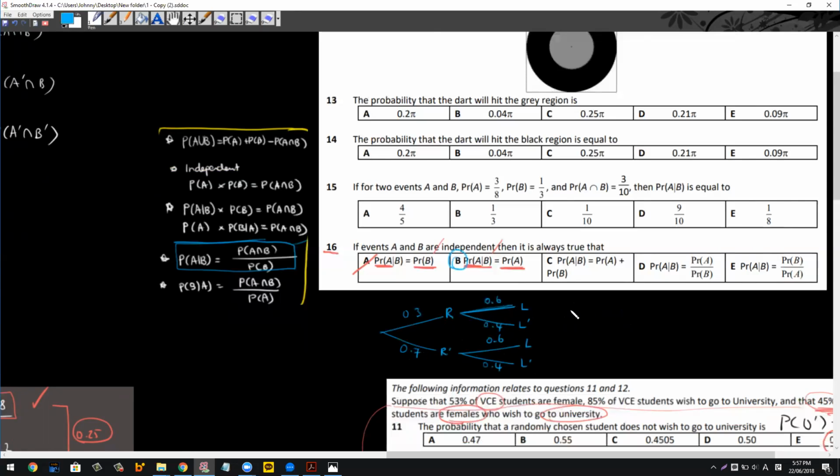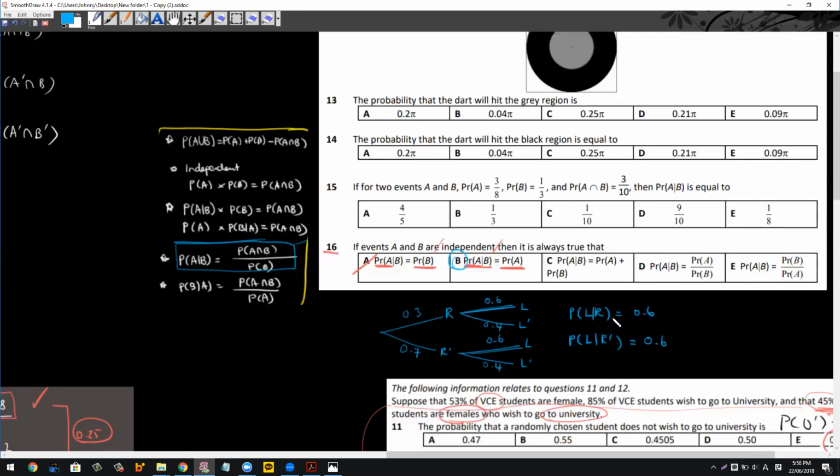So you can see that this bit here is the probability that Chris is late, given that it's raining. That's equal to 0.6. Probability that Chris is late, given that it's not raining, that's equal to 0.6 as well, okay?